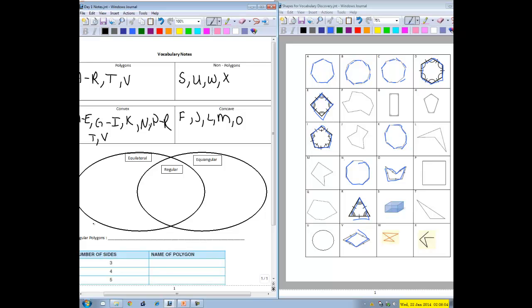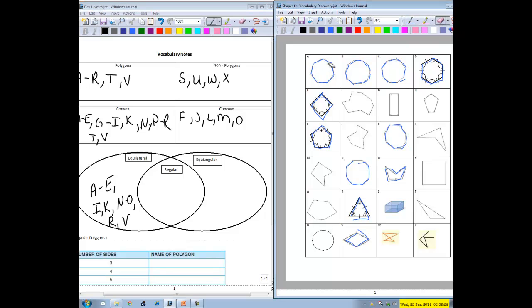We have A through E are equilateral. I is equilateral. K is equilateral. N and O are equilateral. R is equilateral. And V is equilateral. So those are the ones where all the sides have the same length.